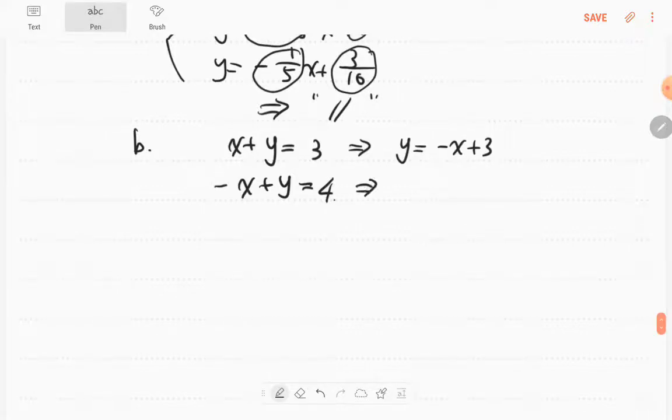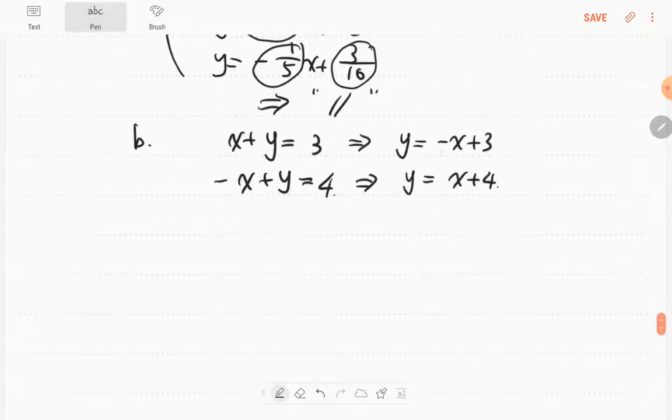And the second one, we can switch it to x plus 4. Then we check the slope of these two equations. For the first equation, what's the coefficient of x? It's not 0. It's negative 1, right? Because it's negative 1 times x, we just drop the 1.